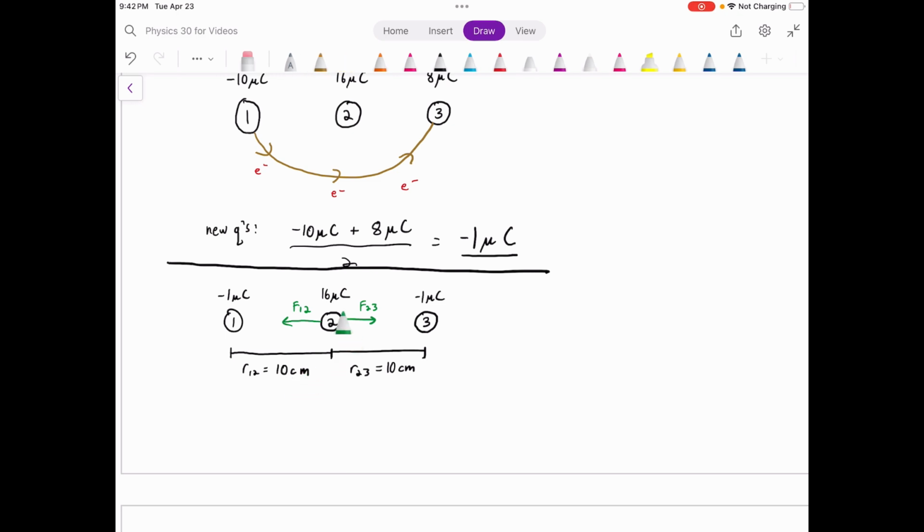And then when we go to do the force from object 3 on object 2, we'll do K times QQ over R squared. Notice anything? The K, the Q and the Q and the R are the same for both of those calculations. So we can notice that and say, well, hang on a sec. This force is going to be the exact same magnitude as this force, but they're in opposite directions.